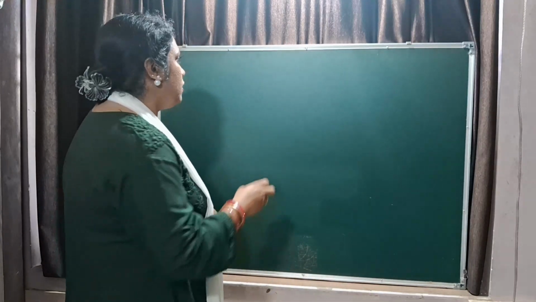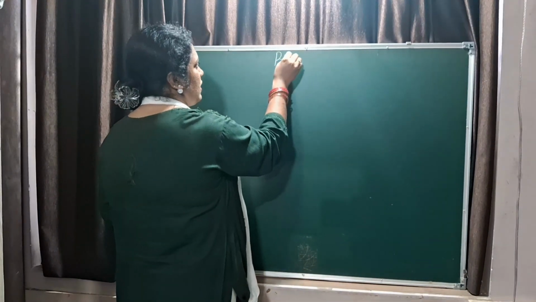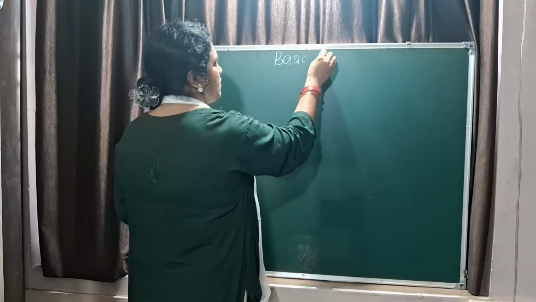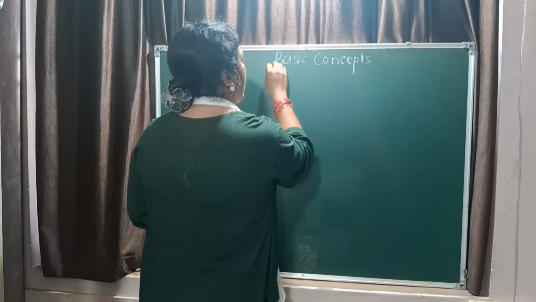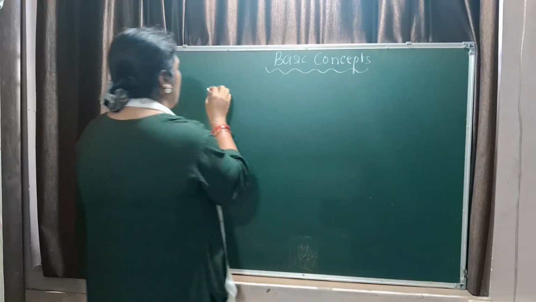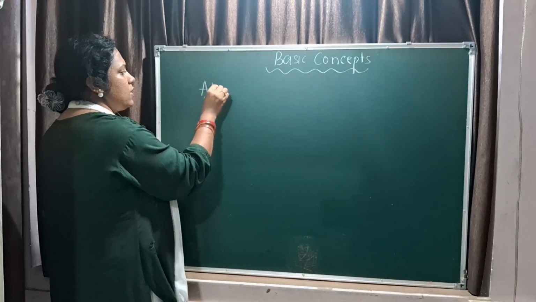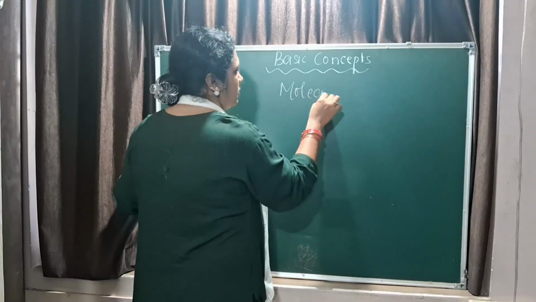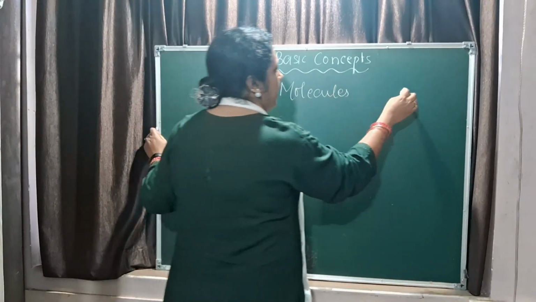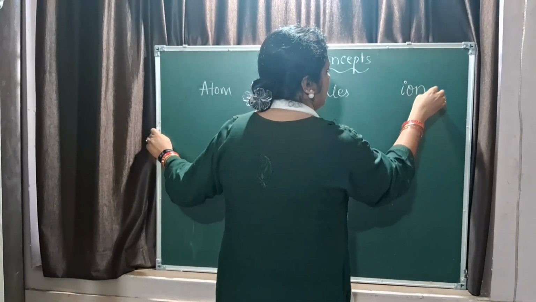Now first of all, when we talk about the basic concepts of chemistry, we need to know what an atom is, what a molecule is, and what are ions, right? Atom, molecules and ions. Okay.